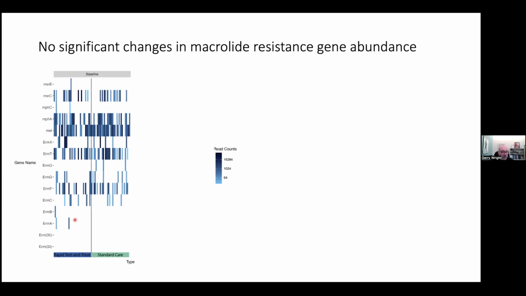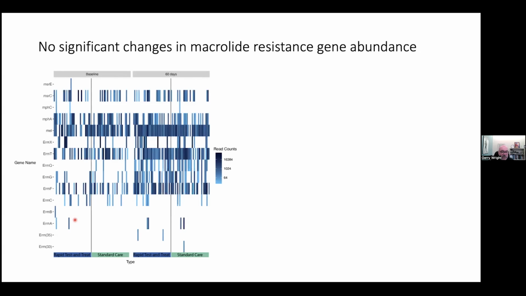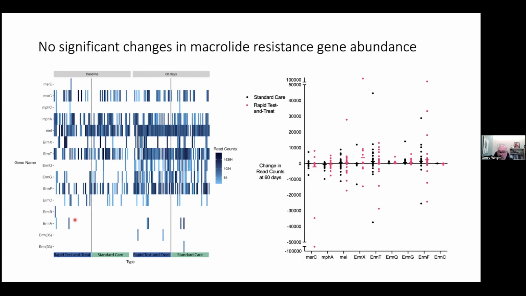You can see that there's already lots of macrolide resistance. And after 60 days, there's no change. No statistically significant changes you can see across here. Again, these are all these resistance genes going up and down. So there's not a significant amount of impact of giving azithromycin to these children.